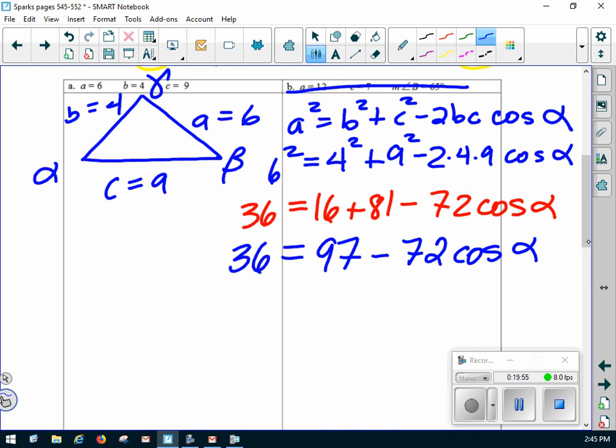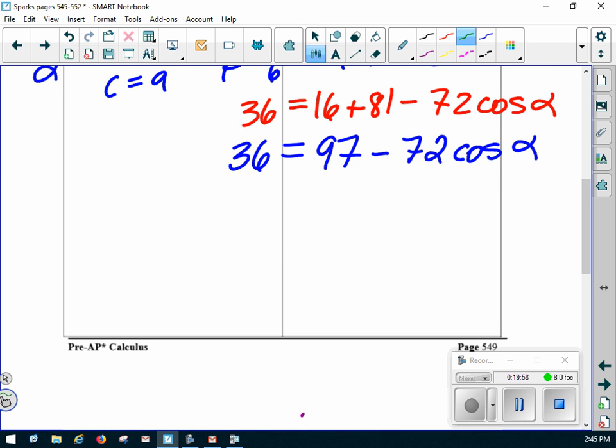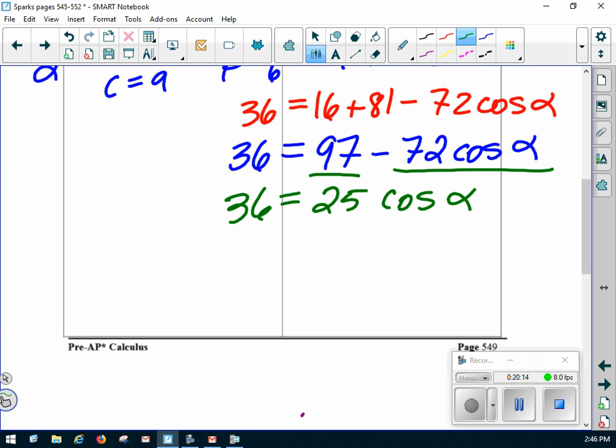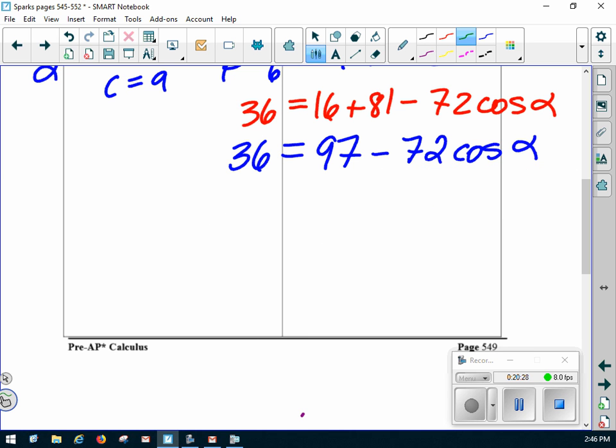Okay. This and this are not like terms. You cannot combine them. Every year, people want to do that. That's my mistake. So, you can work with me from here on.